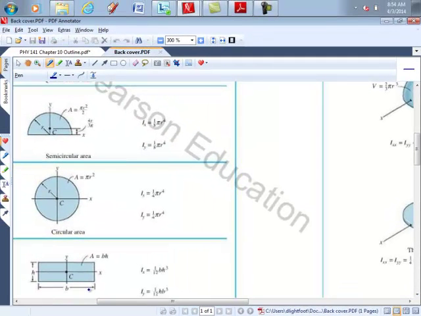So in this case, b is going to be dx, and h is the height, which in this case is going to be y.